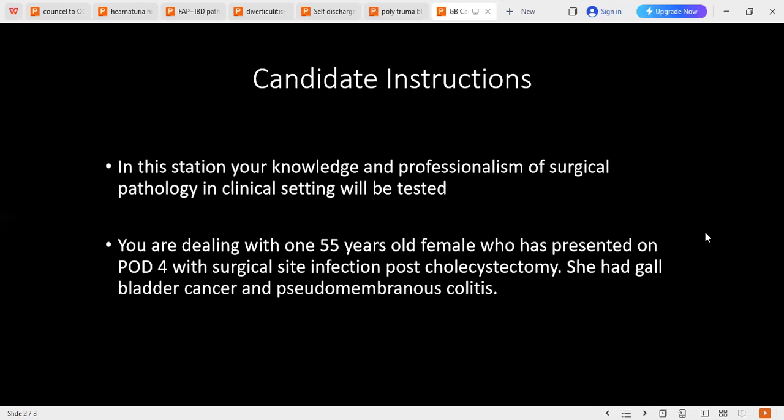What is pseudomembranous colitis? How does it occur? It's a side effect that results after the antibiotics. After the antibiotics disrupt the normal flora of the colon, Clostridium difficile bacteria overcome the normal flora of the gut, and it disrupts the epithelium.